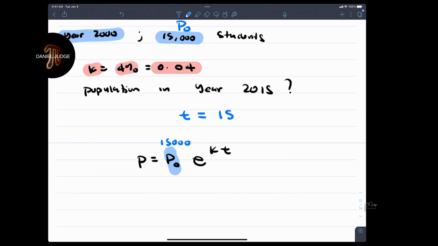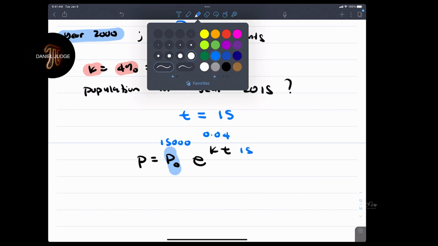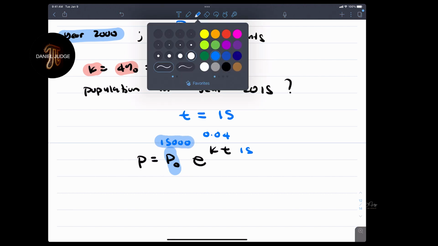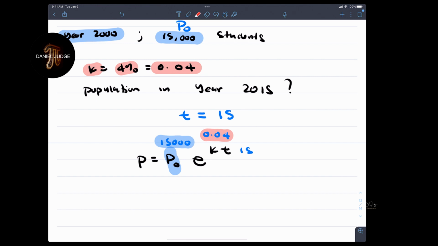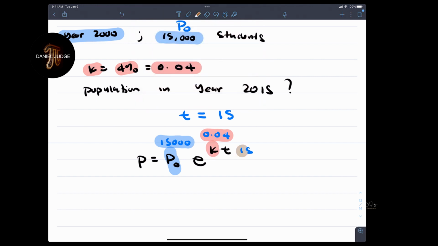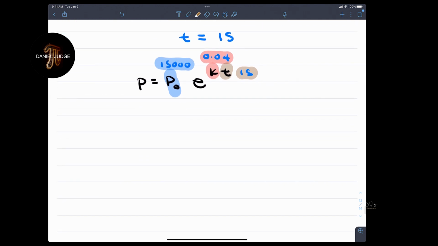But the rate here is 0.04 and the time is 15. 15,000, 4%, there's your K. T is 15. So we're going to enter this in the calculator: 15,000 e to the 0.04 times that 15.